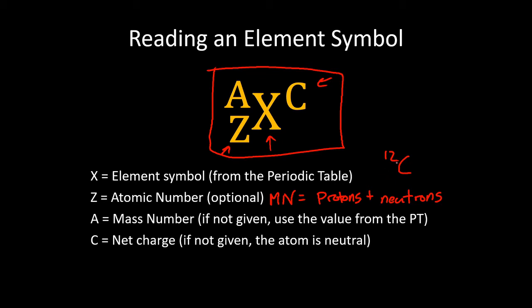Well, we know, or you would know if you looked at the periodic table, that carbon has 6 protons. So if we know we have 6 protons, and we know we have a mass number of 12, that then allows us to solve for the number of neutrons, which must be 6, because that's the only thing that gives us 12 here.